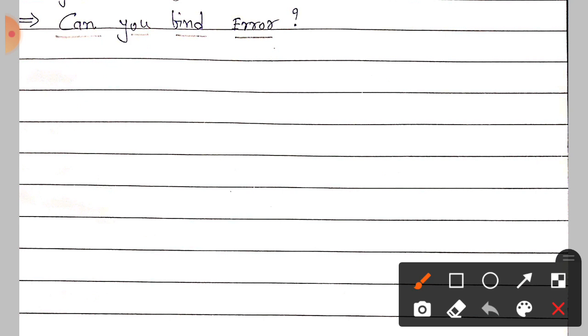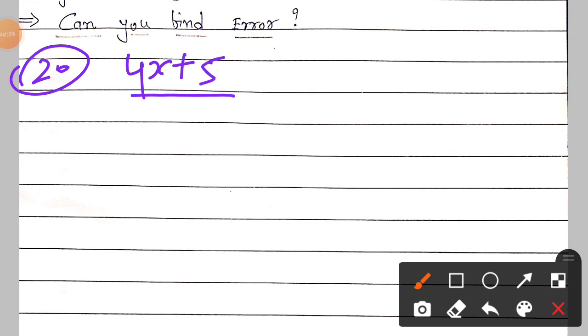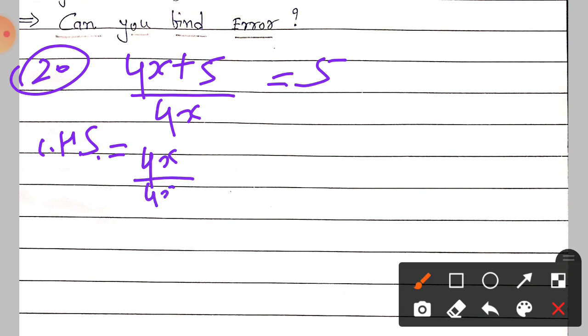Now solve the last sum of this exercise, question number 20: 4x plus 5 upon 4x is equal to 5. Let's check whether it is correct or not. Take the LHS first. We all know, separate it first: 4x upon 4x plus 5 upon 4x.